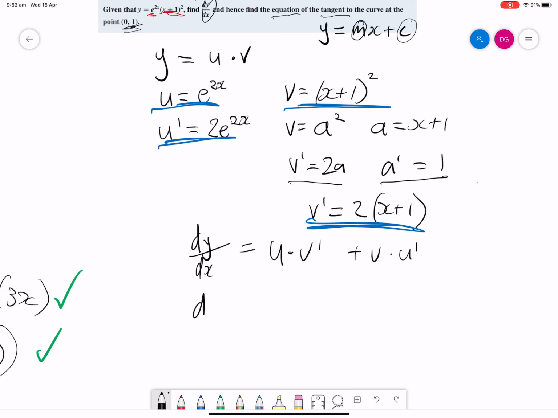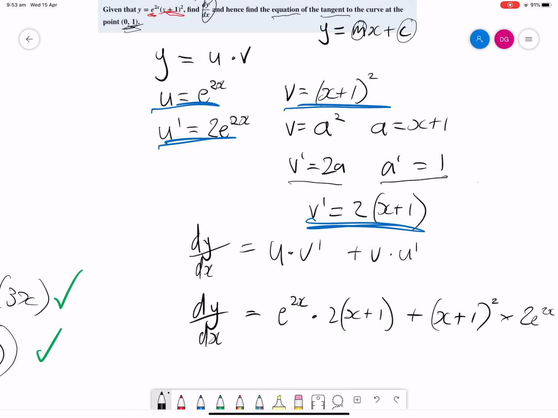Now, let's evaluate. So we've got dy dx is equal to U times V dash, so we've got e to the power of 2x times 2 times x plus 1, plus V times U dash, which is x plus 1 squared times 2e to the power of 2x.